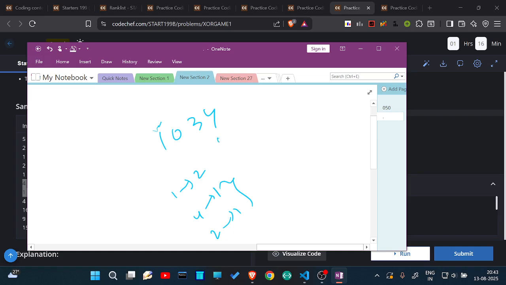He will do a self XOR. Answer will be 3. These two are odd. If you make them even, he will ignore it. Trying to solve it bit by bit.